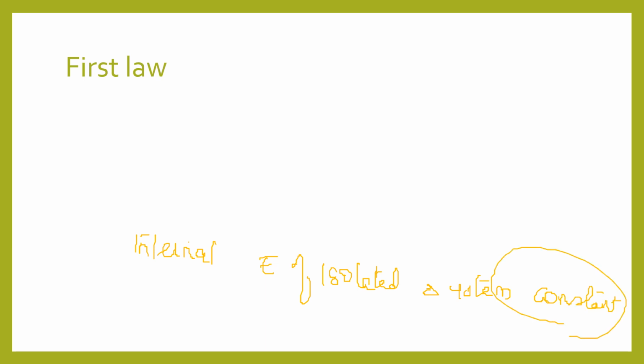So the system is isolated, correct? Not in contact with anything. So it is constant. Don't write 0, 1, 2 in exam. It is constant. Okay, it remains the same. Internal energy of an isolated system remains constant. This is the first law.